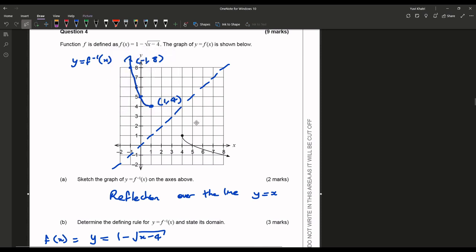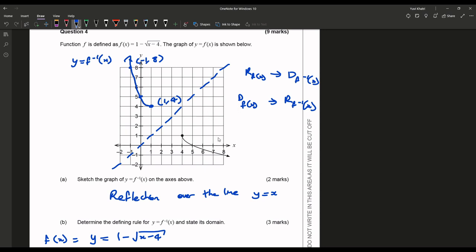And if you don't know the graph, then what you can do is, if you have f of x, the range of f of x becomes the domain of f inverse of x. And the domain of f of x becomes the range of f inverse of x. So domains and ranges swap.